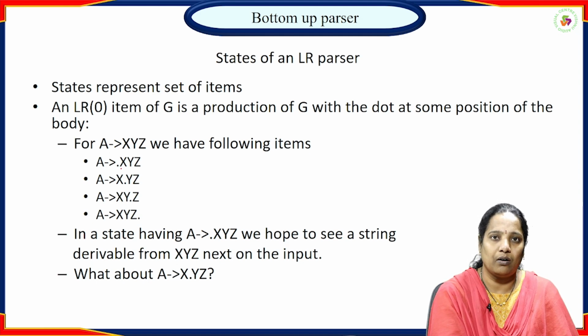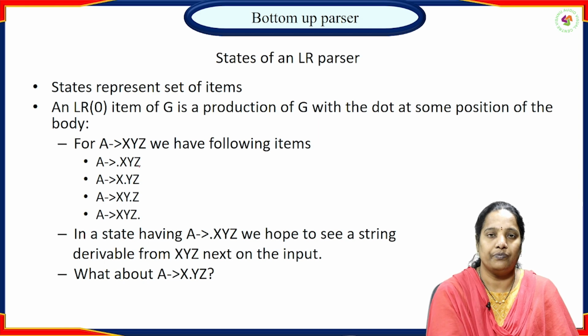When we keep the dot at the leftmost end of the right-hand side of the production, the parser has not verified any symbols on the right-hand side of the given production. That's why we indicate the dot at the leftmost end. Then after taking one symbol on the right-hand side, we move the dot by one position.